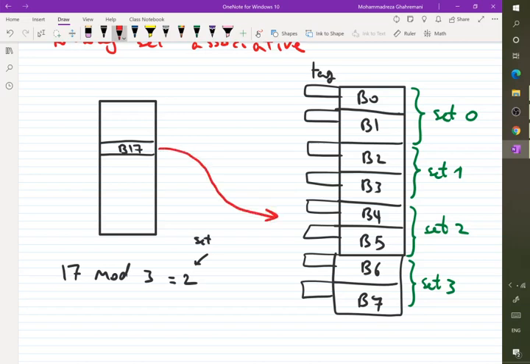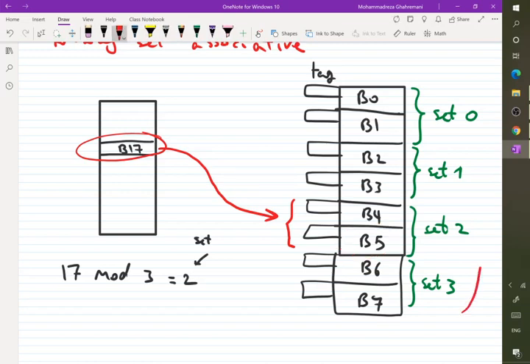So far it is like direct mapping. But here is a difference. Inside set 2, block 17 of the main memory can be copied to either of these two blocks, whichever is empty or available. So if block 4 is available, block 17 will be copied to block 4. If block 4 is taken, it will be copied to block 5.